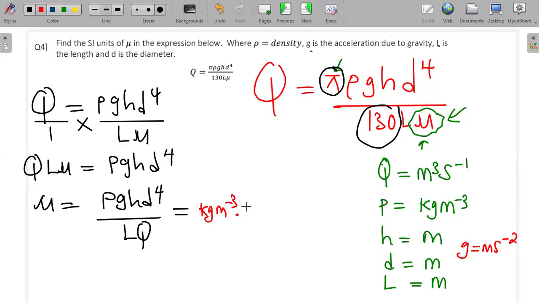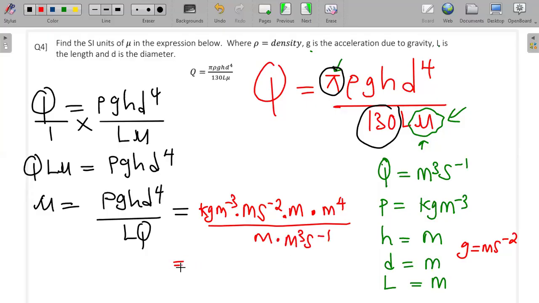The units for h is meters. Then the units for the d, which is diameter, it's just length, it's also meters. But this here is to the power 4, so I write m^4. Then I'll divide all this by the units of L, which was just length, so m. And then Q, the units are m^3 s^-1.